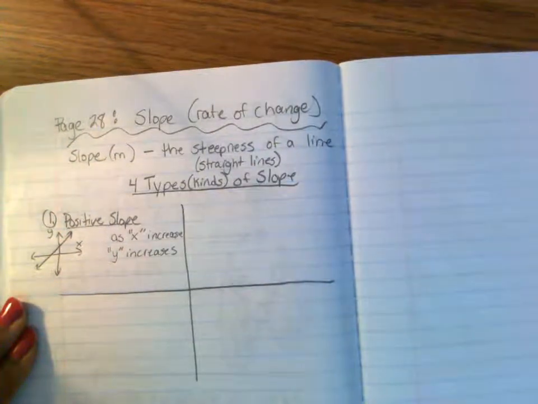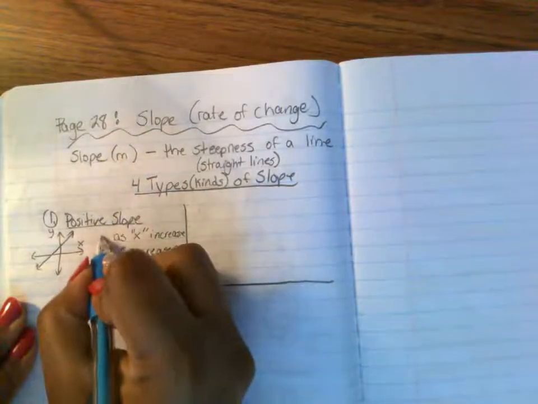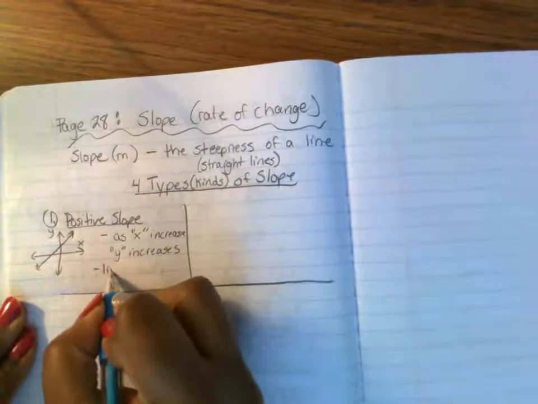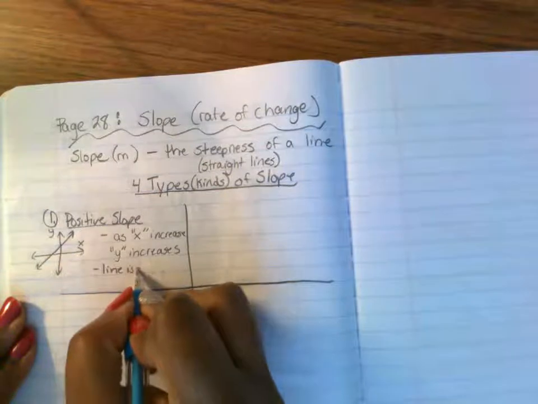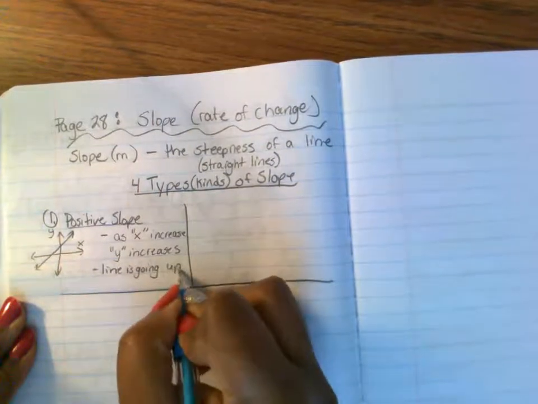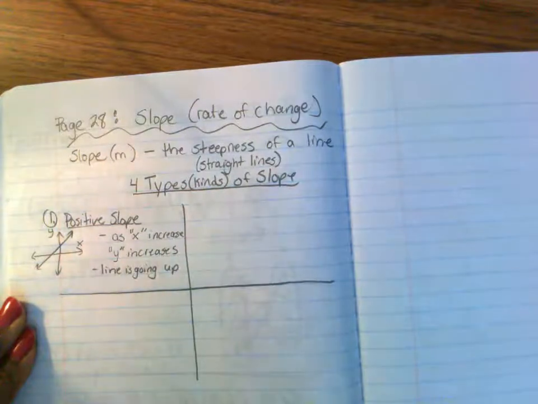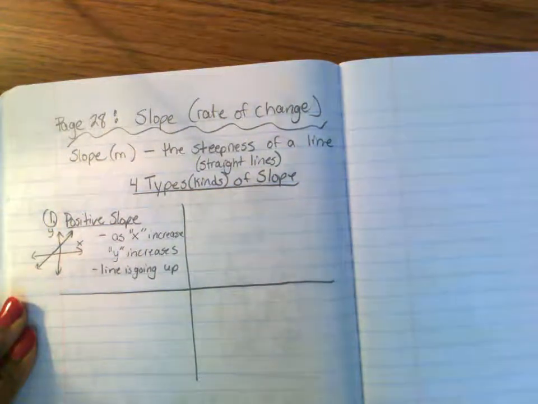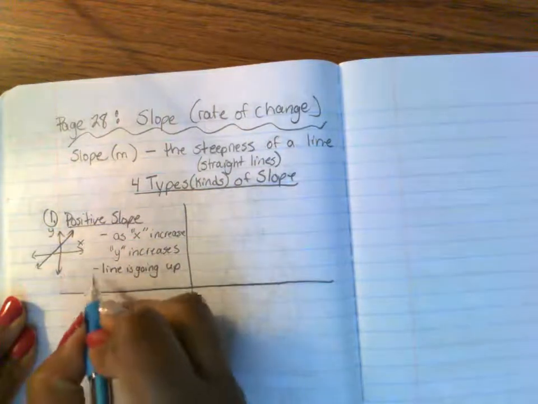Okay? The line is going up. That means M is going to be a positive number.